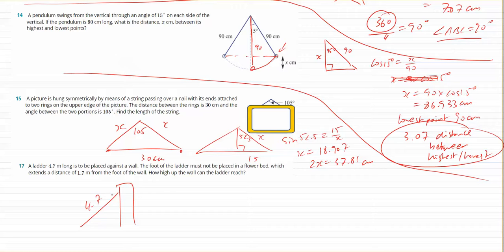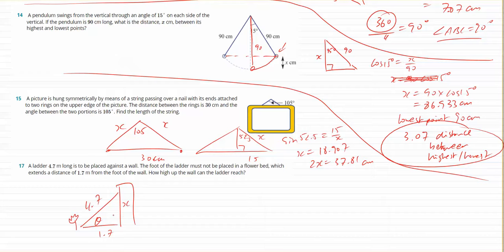Let's draw a flower bed, with flowers here. The foot cannot go more than 1.7 from the wall, otherwise we're going to destroy the flower bed. How high can it reach? That's our theta, and we just want the value of x.